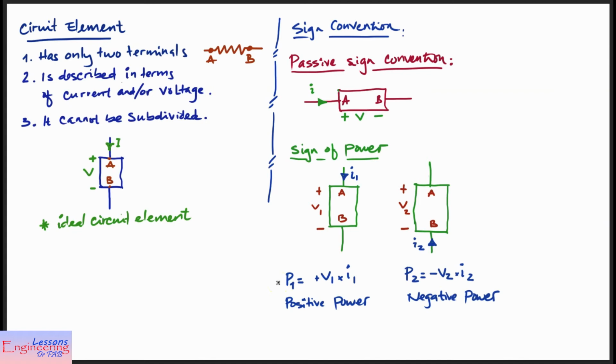So it means that power really has been consumed, okay. So therefore in your calculation following passive sign convention, if you get a positive result for power, then we can say power is used, okay. But this goes opposite to passive sign convention, and so therefore power is negative, okay.